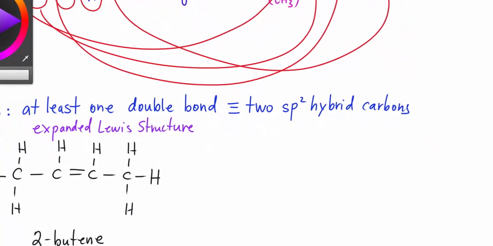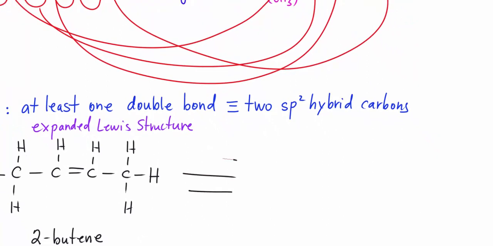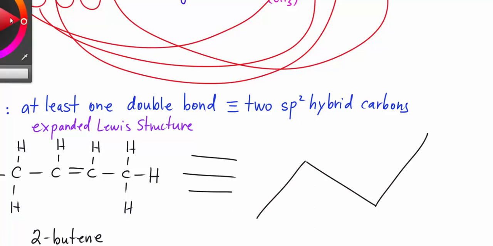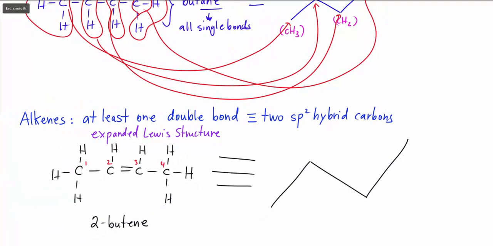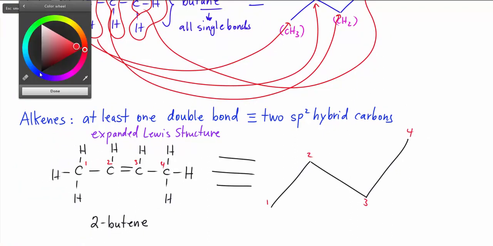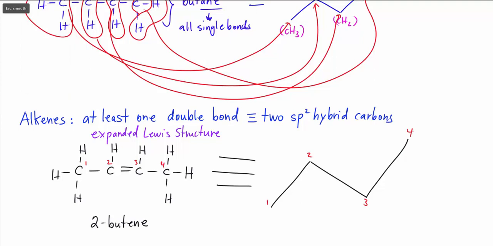So, this expanded structure can be represented by, of course, our line angle or skeletal structure. I need 4 carbons, 1, 2, 3, 4, and I will need to put a double bond in between carbon 2 and 3.